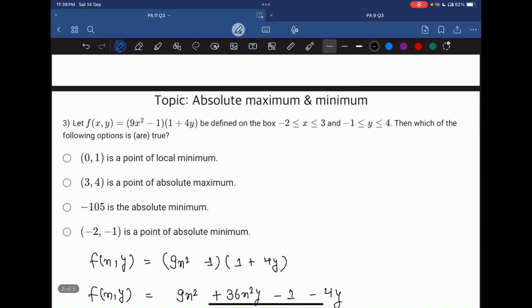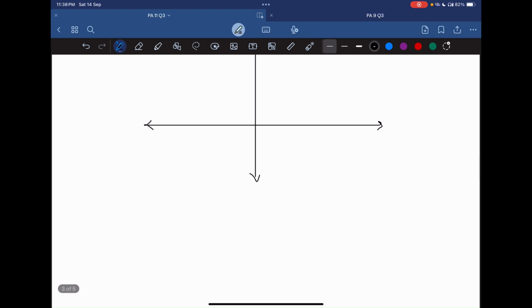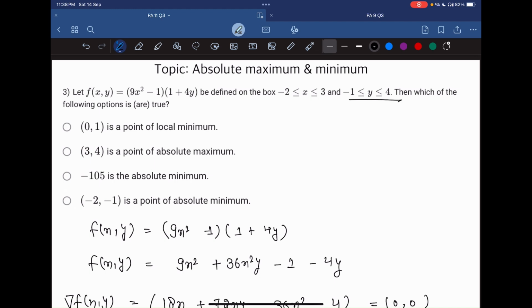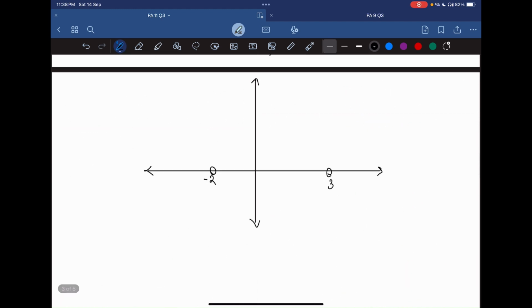Now our x value is between -2 and 3. So let's suppose -2 is here and 3 is here, and the y value is between -1 and 4. So -1 and 4. So something like this would be a rectangle, and our function would lie inside this rectangle.